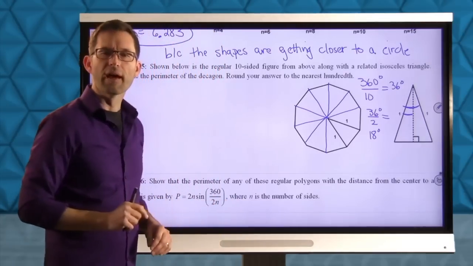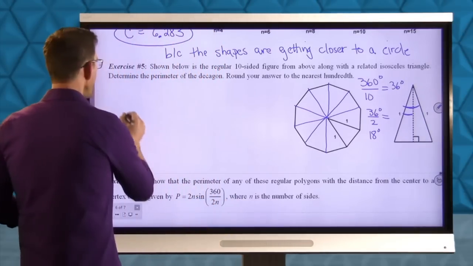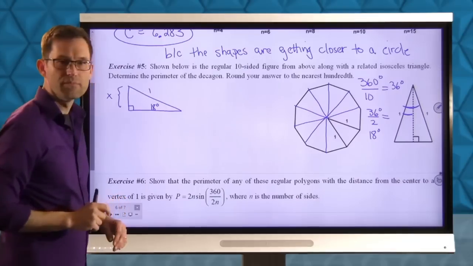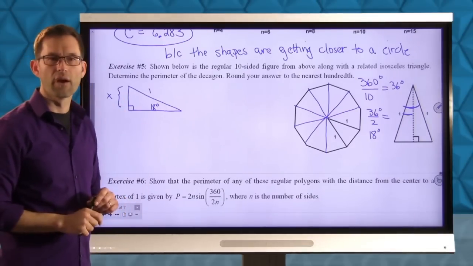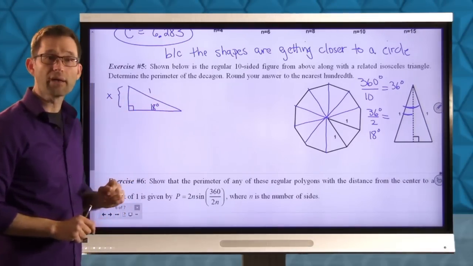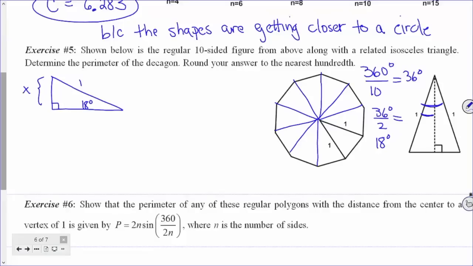Now, why do we want that? Well, we want it because if I now take that little right triangle and flip it on its side like this, remember its hypotenuse is 1. This angle is 18 degrees. I can now figure out what the length of this side is, and I'll give it an x right there. Because I've got that acute angle, I've got the hypotenuse, and I've got x, I can now use right triangle trigonometry and say, well, that's the opposite side.